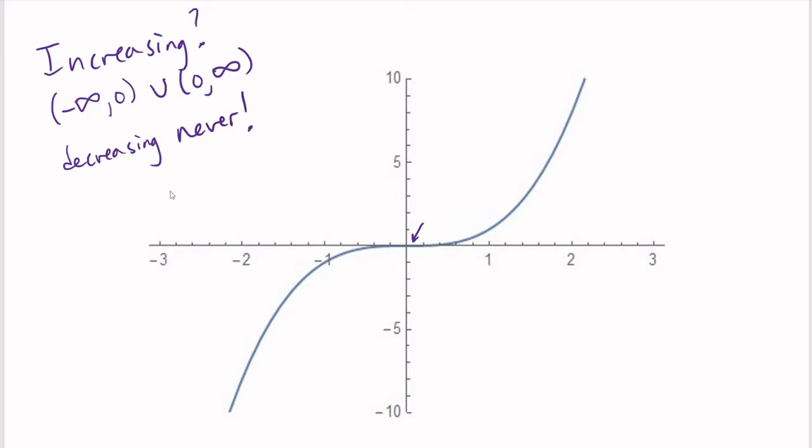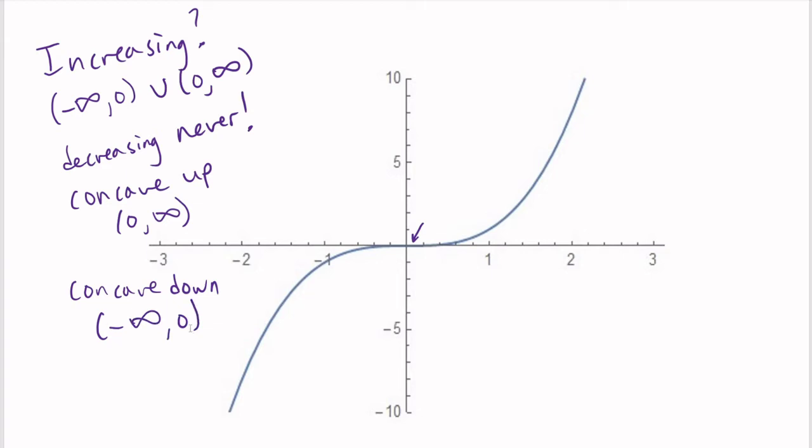Okay, so nowhere. And then concavity, where are we concave up? Well, it looks like from 0 to the right, we'd be concave up. And then concave down, yep, bowl down, cup down, from negative infinity to 0.